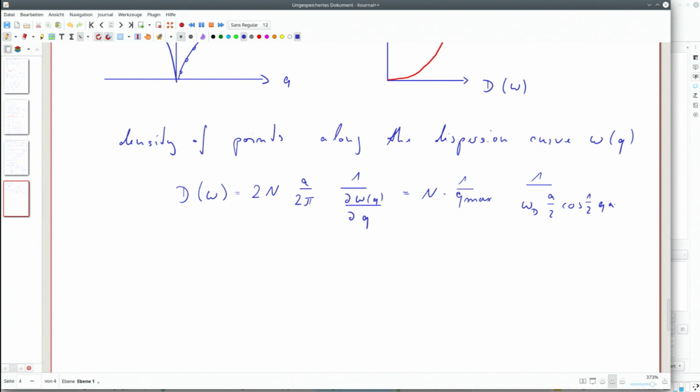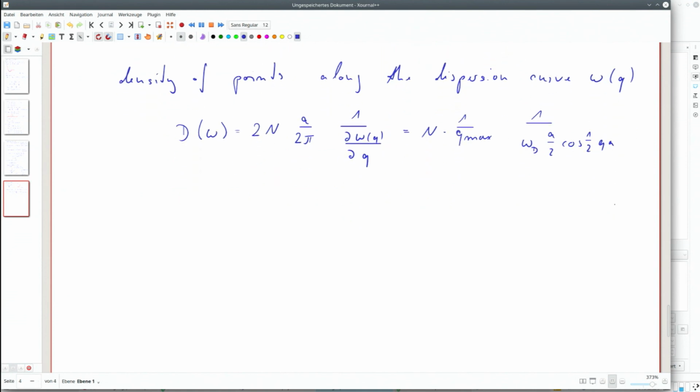And you can simplify this if you express this. I skip these steps. I mean, they are pretty simple. 2N over pi omega d by, if you replace the Q by this maximum frequency, the QA, you find that this is 1 over this curve here.